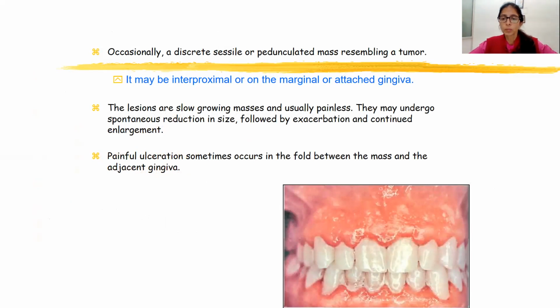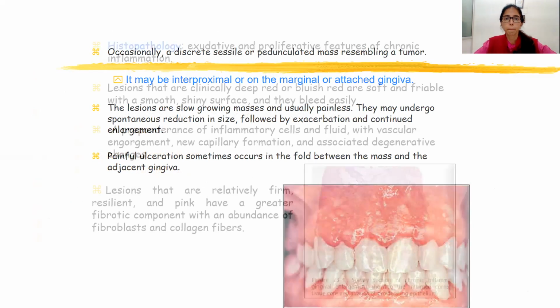So this is a picture which shows a slight enlargement of the marginal gingiva as well as the interdental papilla, and you can appreciate this amount of plaque over here. In this patient, because it is in relation to an inflammatory condition, we can see the amount of plaque and calculus present at the gingival margin area.